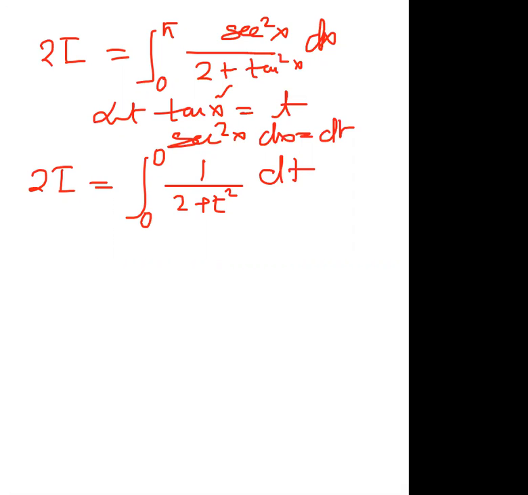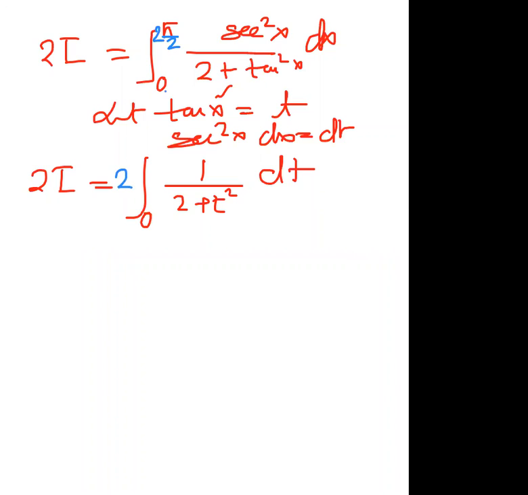Now this thing you need to concentrate on. Please note it. What I'm doing is this pi must be divided by 2 and multiplied by 2. Now I suppose you remember one property, that the integral from 0 to 2a of f(x) dx can be written as 2 times the integral from 0 to a.